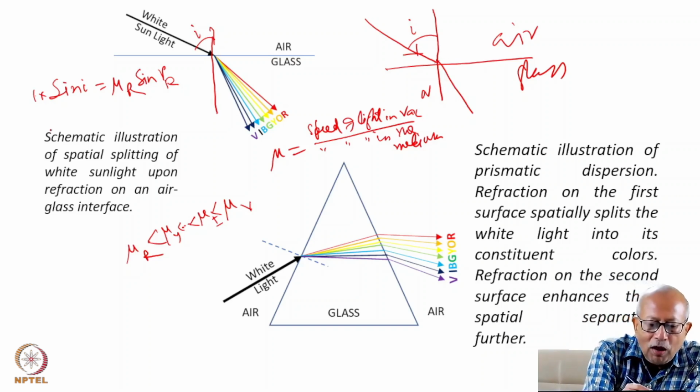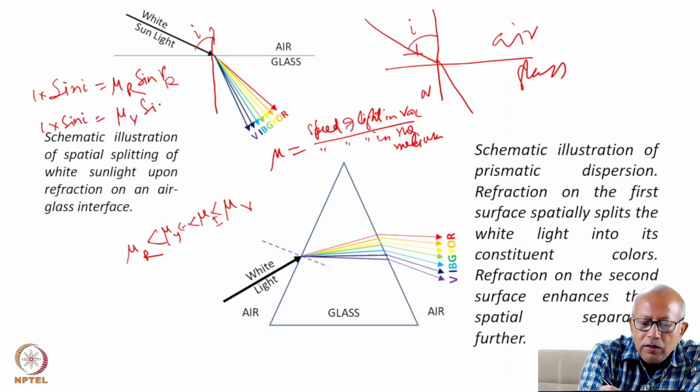And for violet light, it will be 1 into sin i equal to mu violet into sin r.